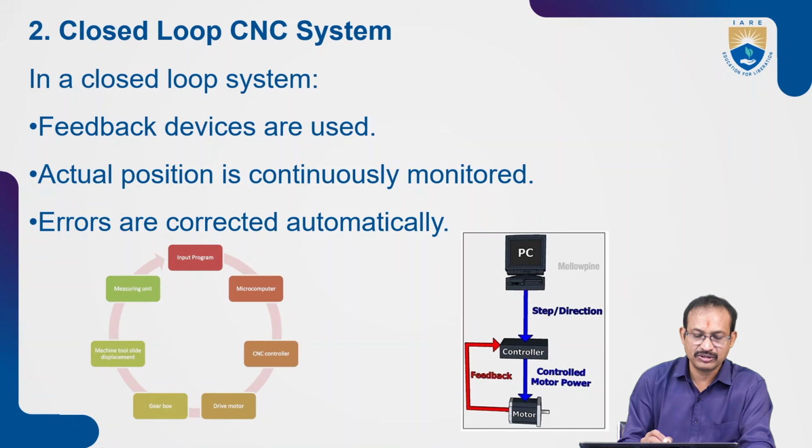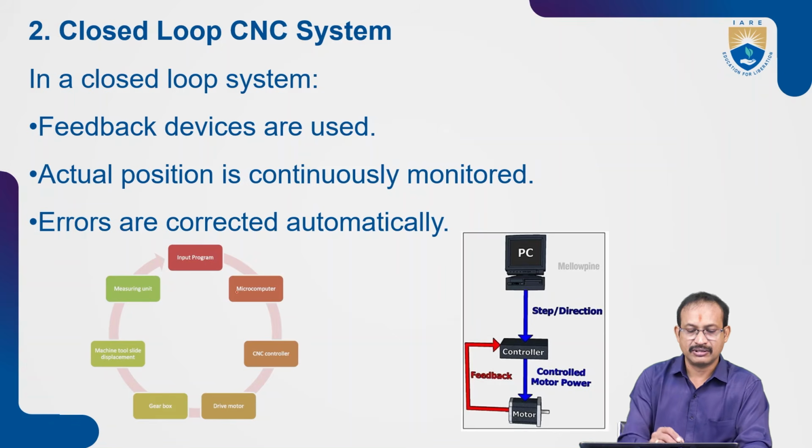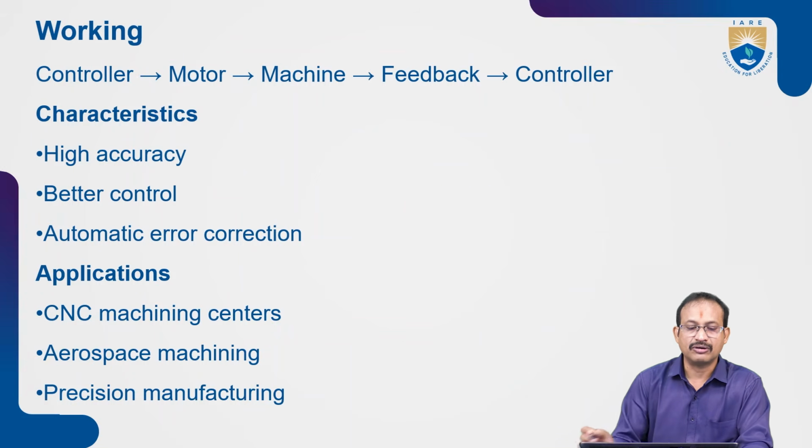In the closed loop system, the program input goes to the microcomputer. The CNC controller receives it and sends it to the drive motor and gearbox, which produces the machine tool slide displacement. This is measured through the feedback system, and any deviations are sent back to the controller. The working flow is controller to motor, machine, feedback, and back to the controller, which sets the deviation to zero.